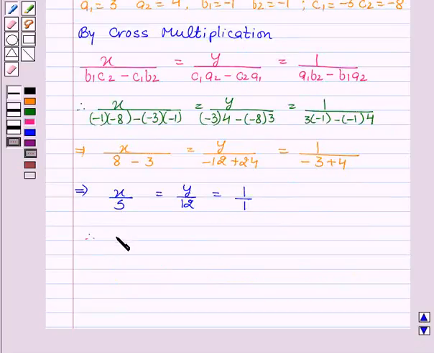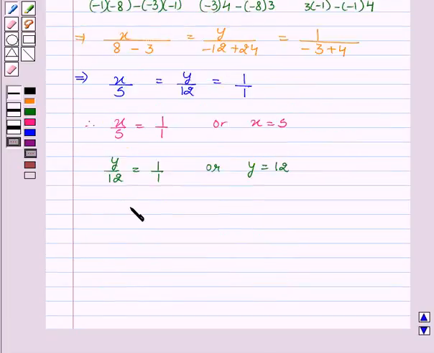Therefore, x upon 5 equal to 1 upon 1, or we can say x equal to 5. Similarly, y upon 12 equal to 1 upon 1 or y equal to 12. Therefore, fraction equal to x upon y equal to 5 upon 12.